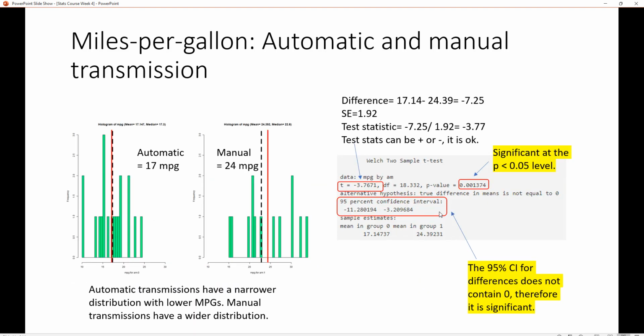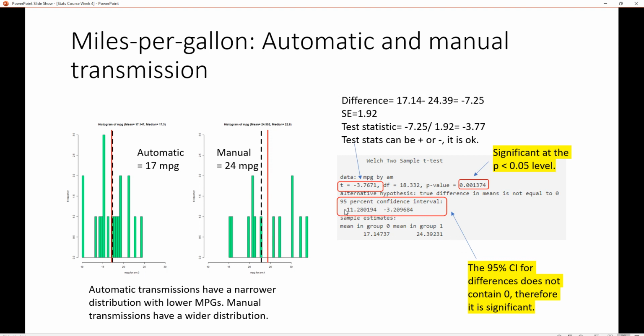Okay, so as I mentioned earlier, we do get a 95% confidence interval for our range of group differences. And it's important to note that the 95% confidence interval for differences in this example does not contain 0. Therefore, we know it is significant.